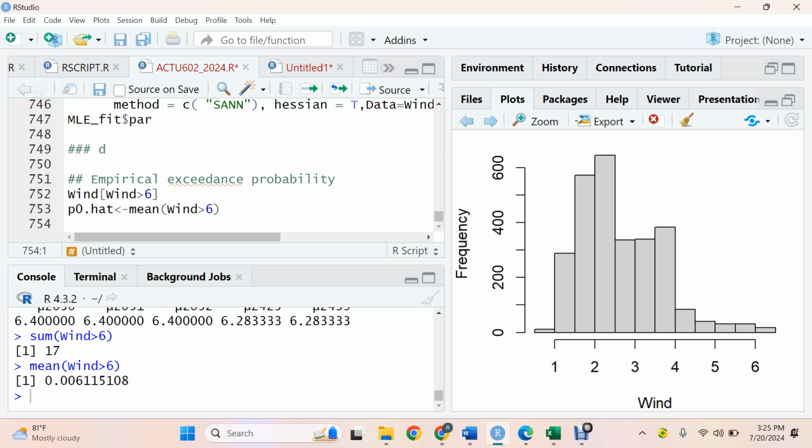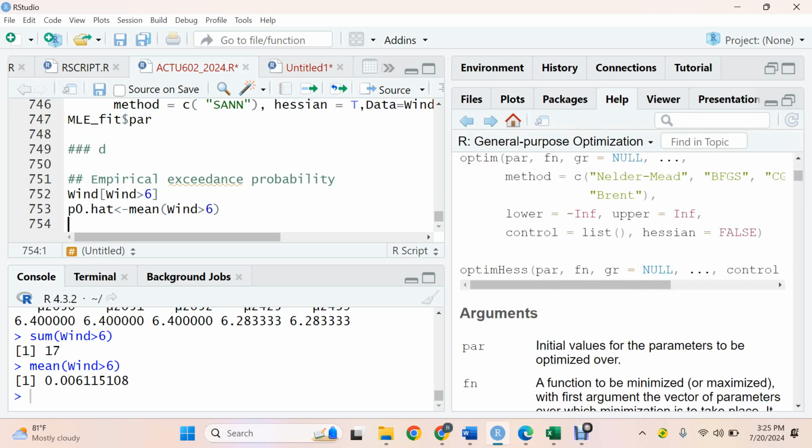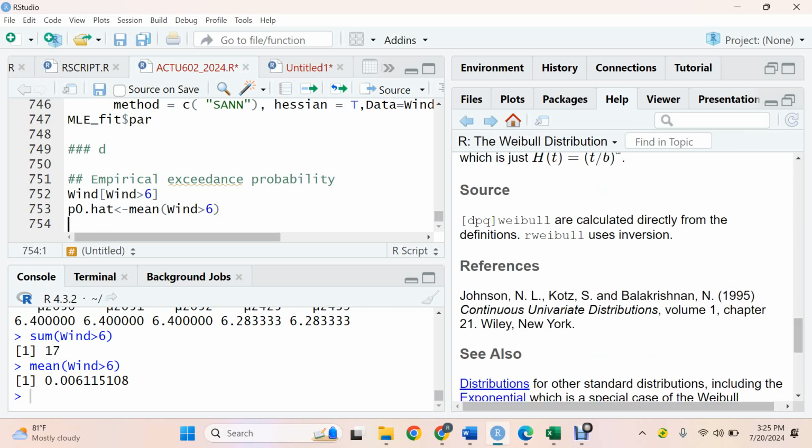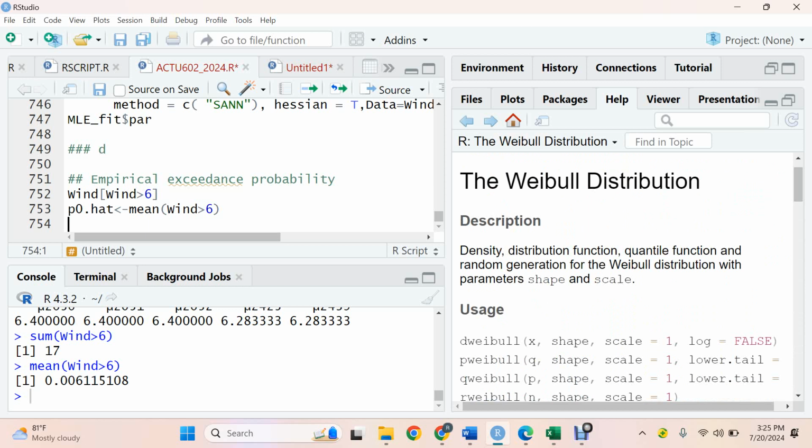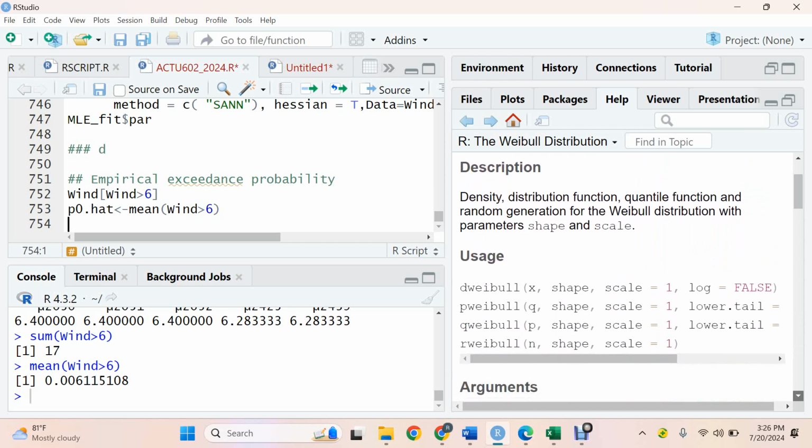But because we use the D, we can also use the P. Remember the P if you come here. Don't forget all those. P is what? It's F actually.